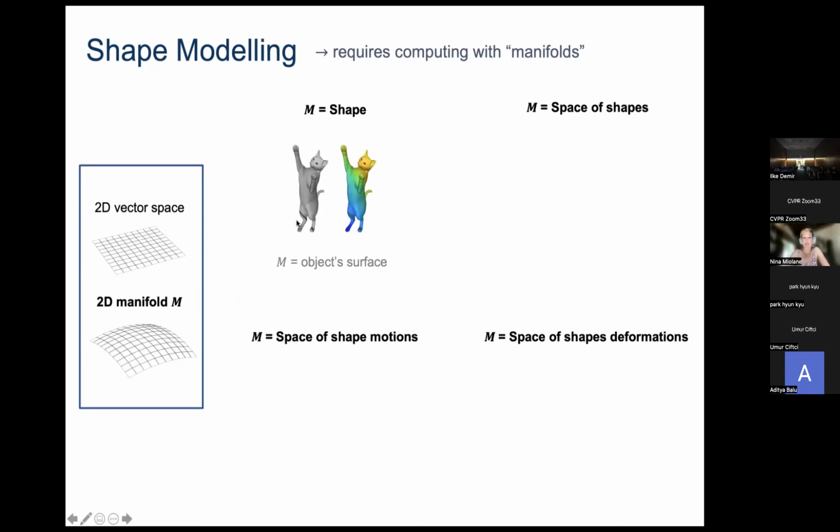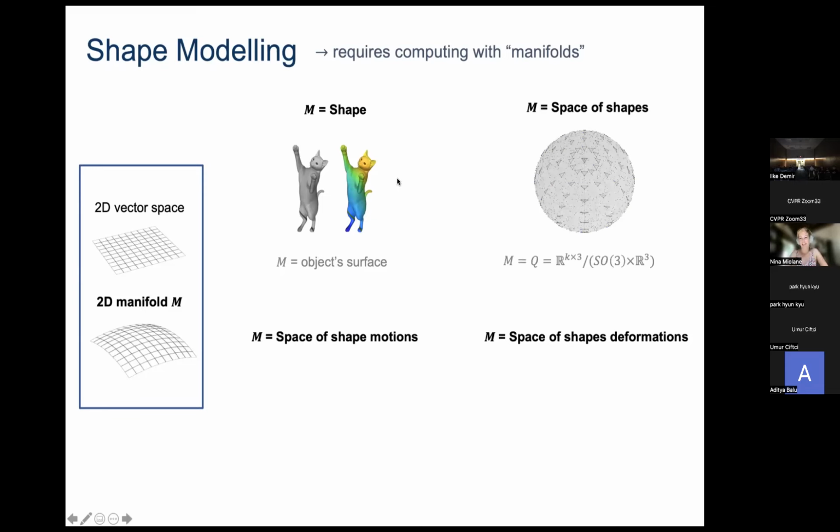And so the shape itself is the manifold in this case. So I write M equals the shape. The manifold is the shape. If you want to compute on these shapes, for example, define a heat map or a scalar field on this shape, you are defining a function on a manifold.